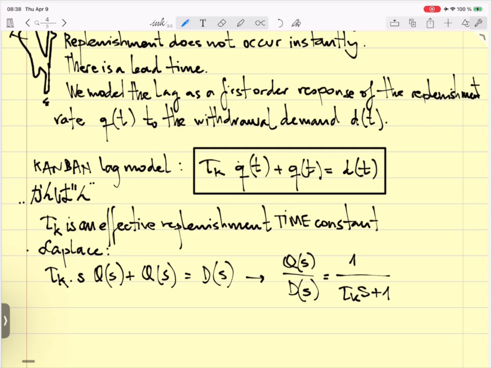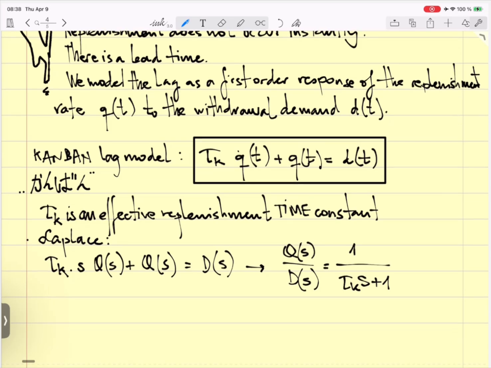But we saw in the inventory balance at the beginning of the lecture that the inventory change equals Q minus d.